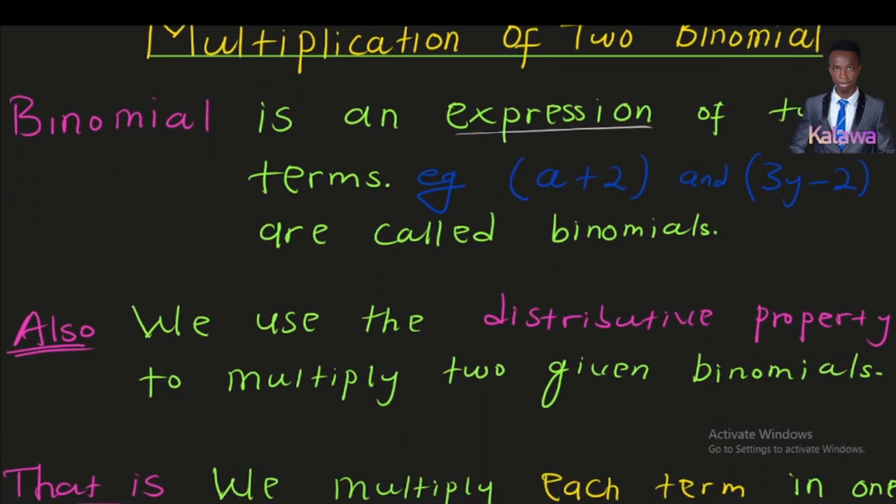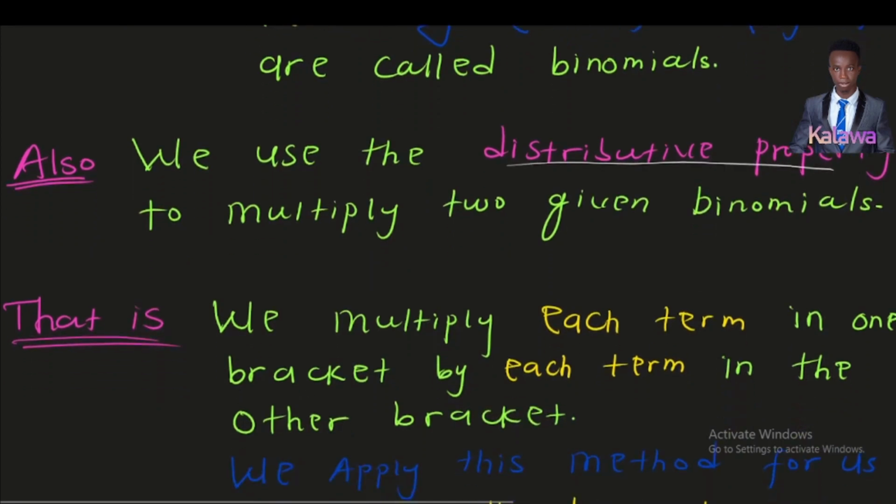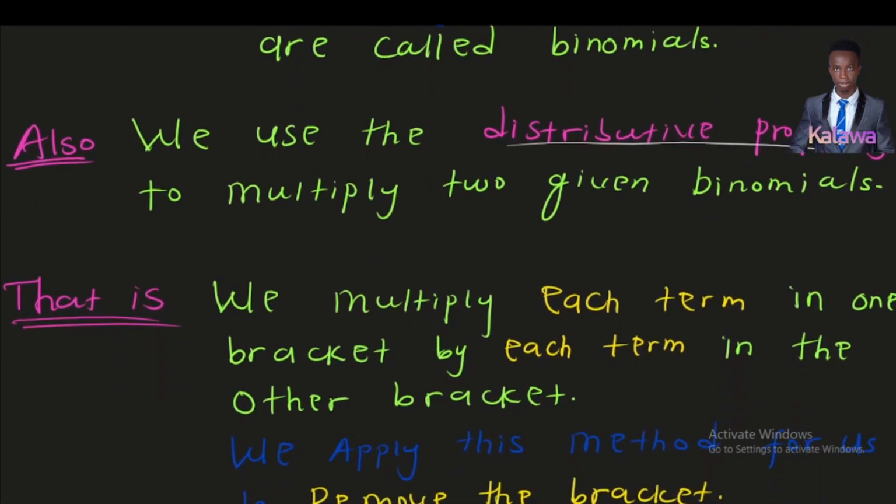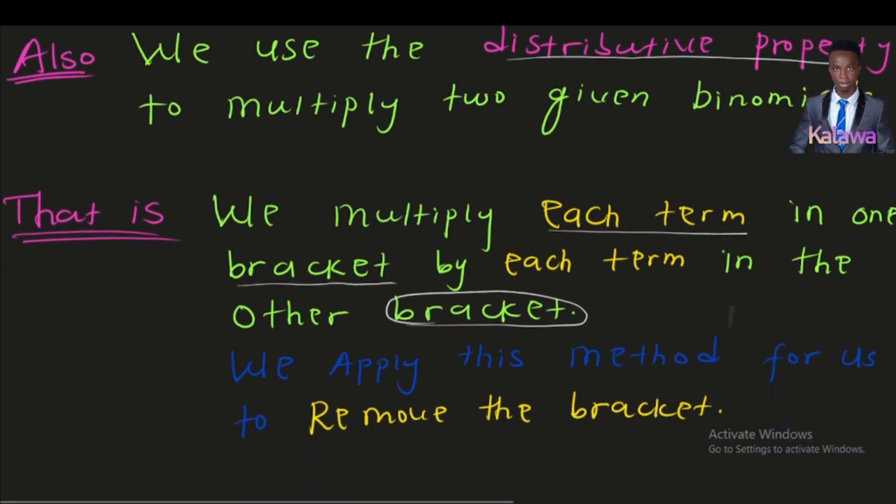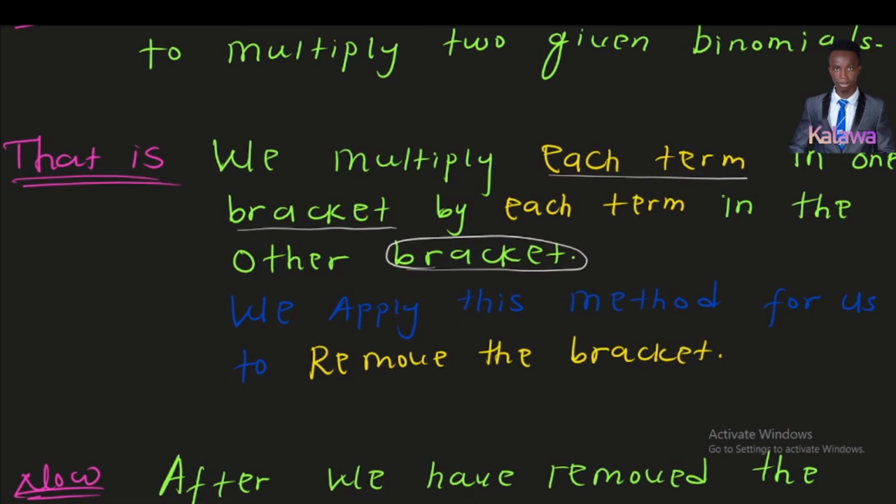We use the distributive property to multiply two given binomials. So that is, we multiply each term in one bracket by each term in the other bracket. And I hope we are understanding it.